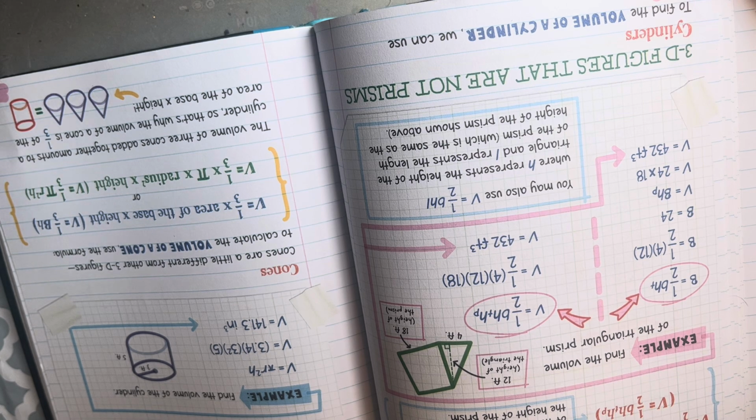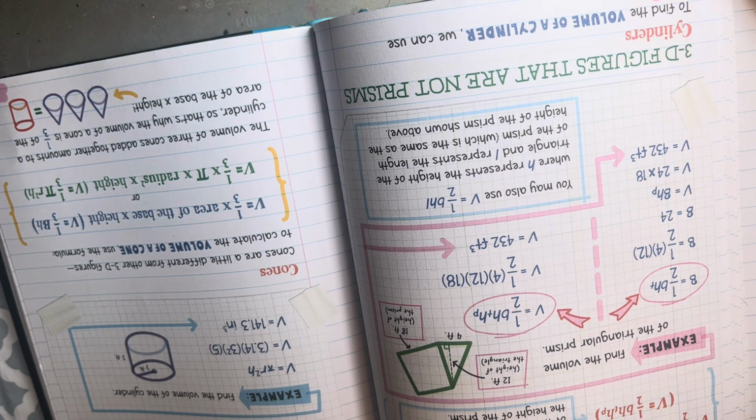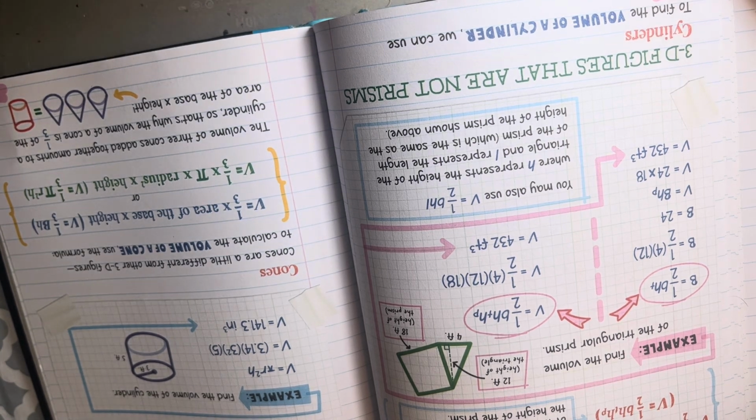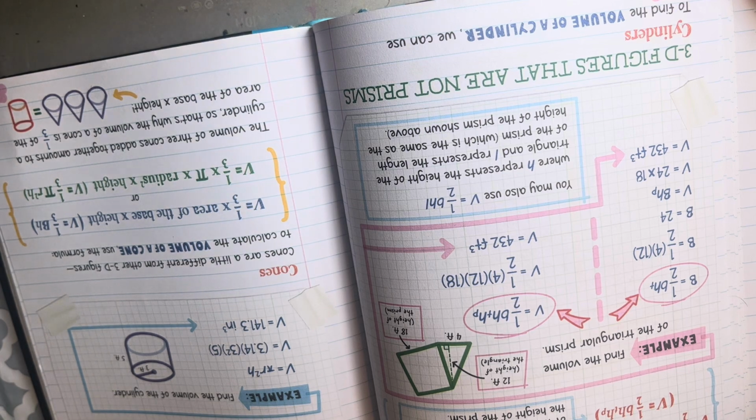And you may also use V equals 1/2 times base times height times length, where H represents the height of the triangle and L represents the length of the prism, which is the same as the height of the prism as shown below. Three figures that are not prisms.